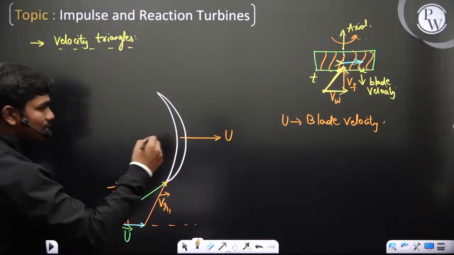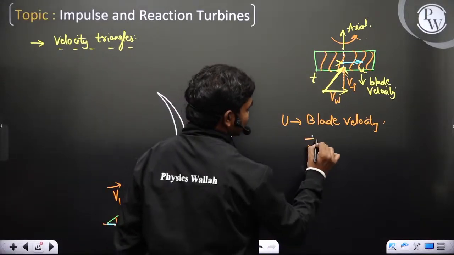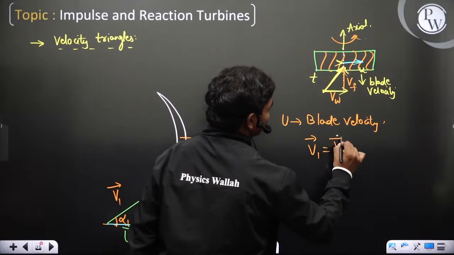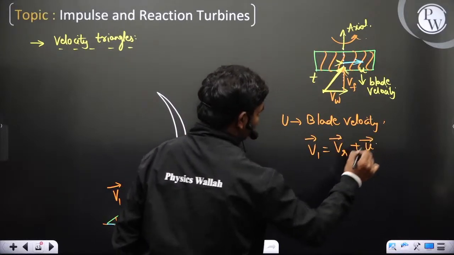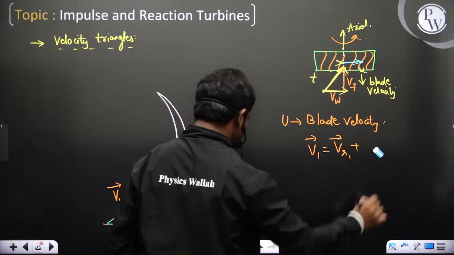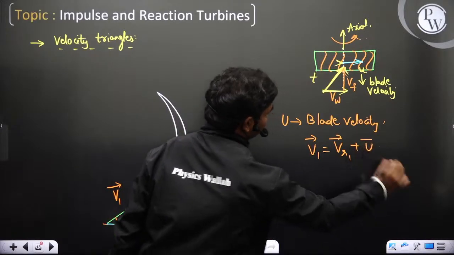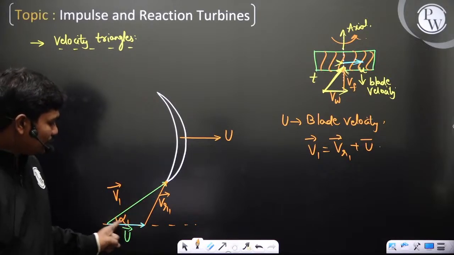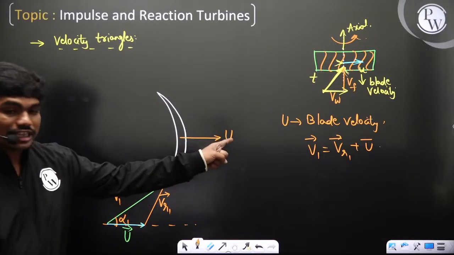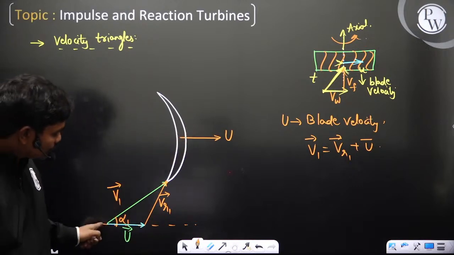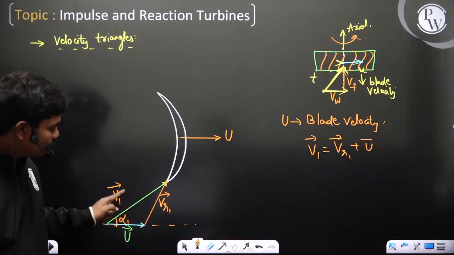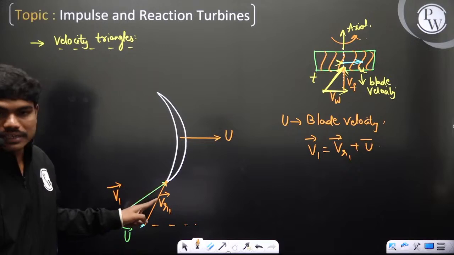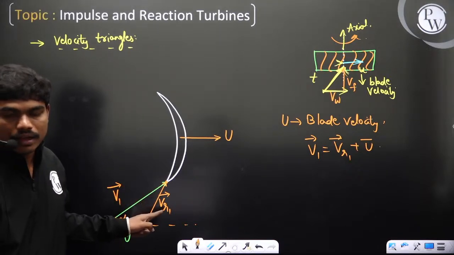When you write relative velocities, absolute velocity is equal to relative velocity plus the blade velocity, so this is u bar. This is the simple normal velocity triangle; you can see vector addition. Why have I written u in this fashion? Because the blade is moving in this direction. So u is here, v1 is here, and the relative velocity due to these two is vr1, which comes in this way. Got it?